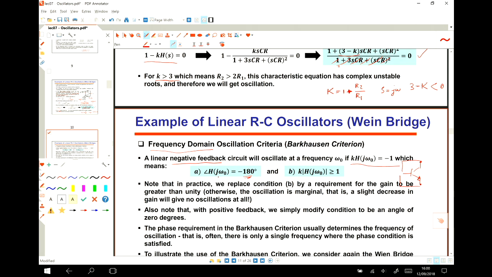If you have a negative feedback, the phase is -180 degrees. If you have a positive feedback, then the phase is 0. But always the gain should be a little bit greater than 1, so that it lets the noise improve and reach the nonlinearity. Because if it is 1 or less than 1, then it does not work.